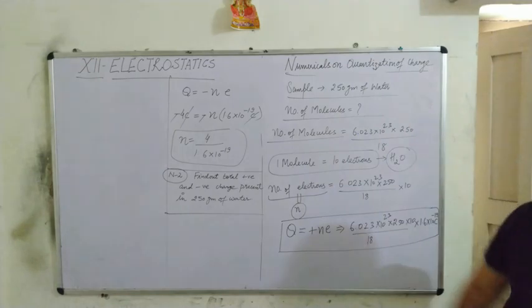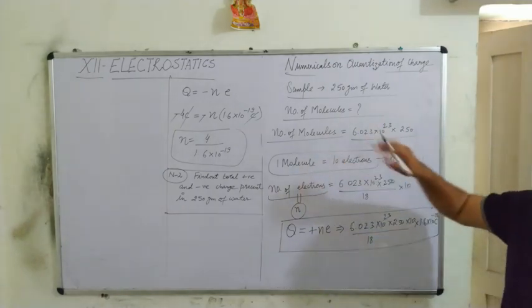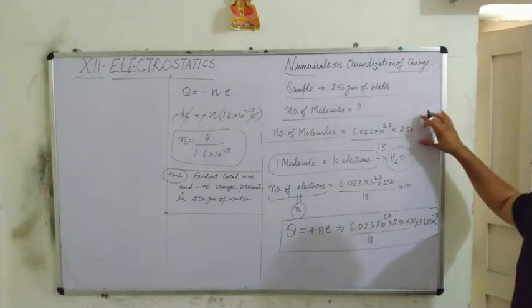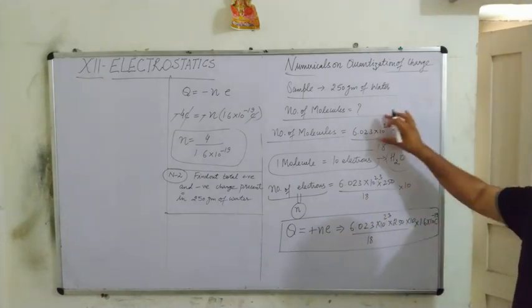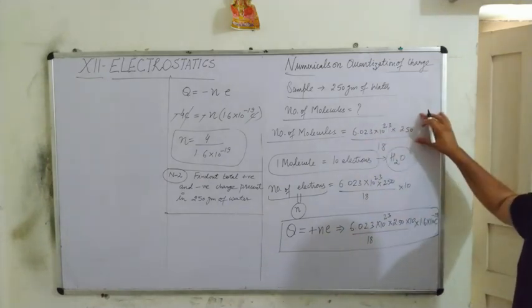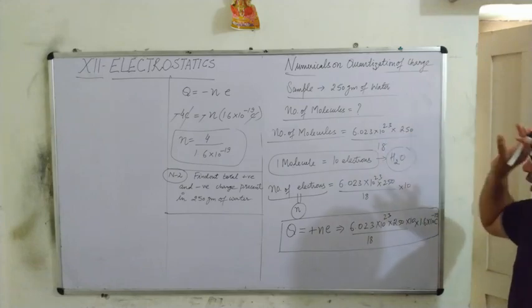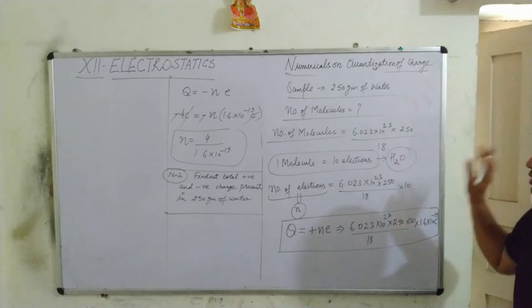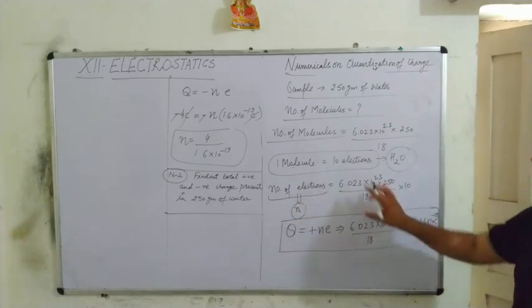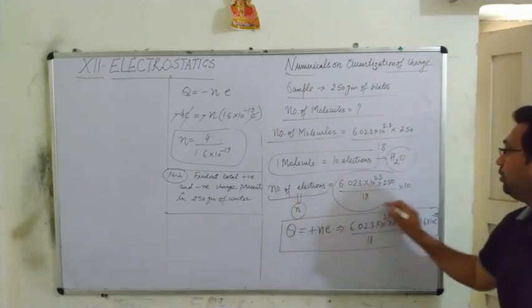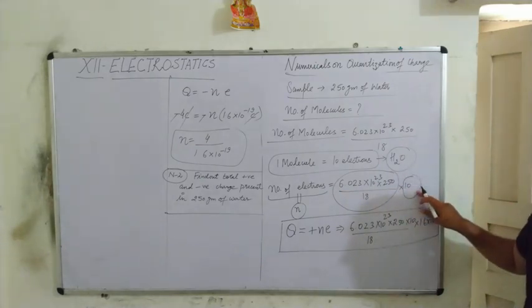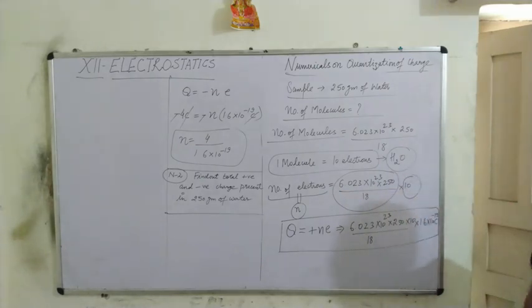Now we have the number of molecules through this formula, that is Avogadro number into amount of sample upon molecular weight. Now in one molecule we have 10 electrons. Number of electrons is the number of molecules into the number of electrons in one molecule.